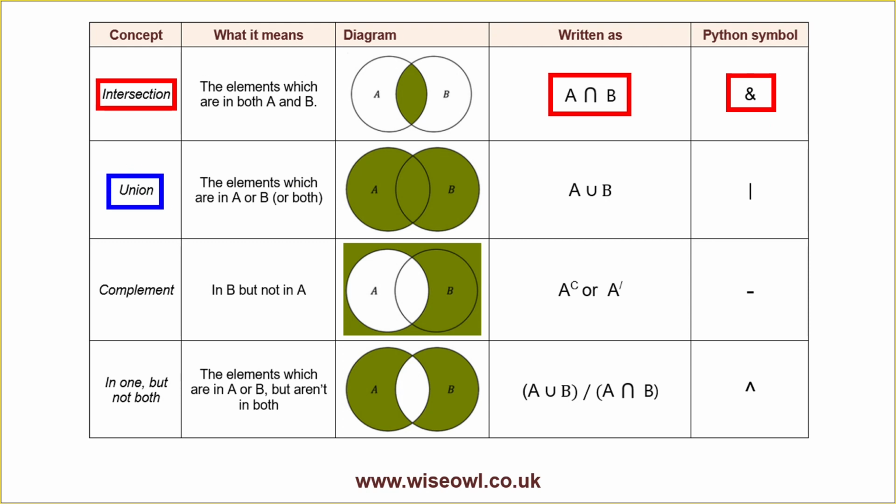And the union of two sets is the elements which are in both sets and in the intersection. So that's everything. And that's written in Python with a pipe symbol, which you'll find at the bottom left of your keyboard. And then there's two more complicated concepts called the complement and the elements which are in one set and not in both, which you probably won't need most of the time. So that's all the background theory for sets. It's time to start creating some.